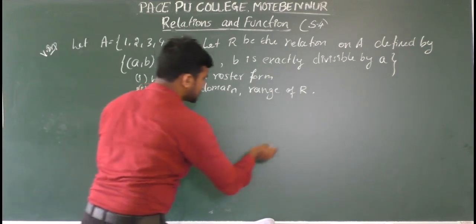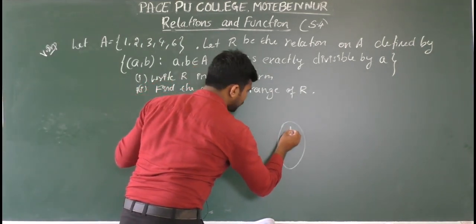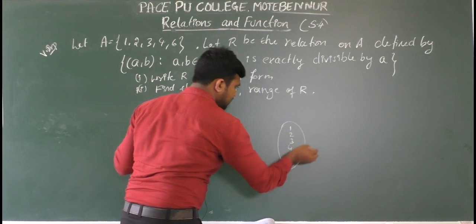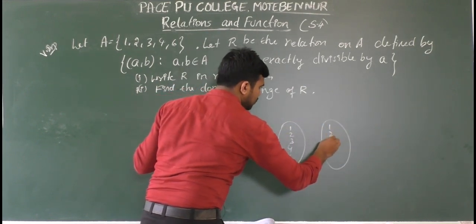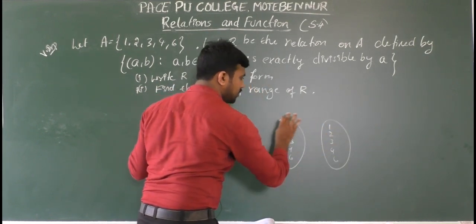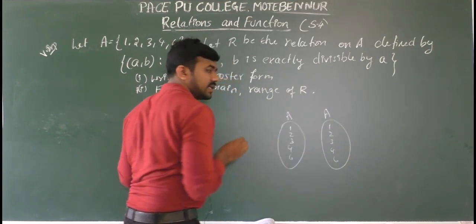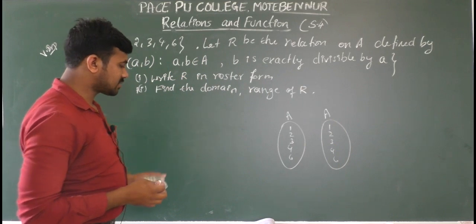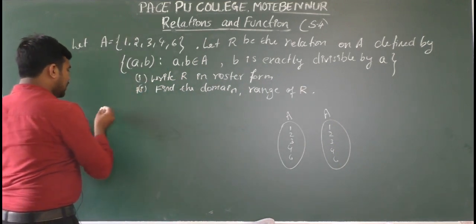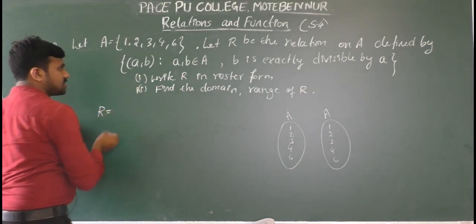We have two sets that are the same, that is 1 2 3 4 6, and this set also 1 2 3 4 6. Okay, I am writing an arrow diagram for your convenience, for better understanding. So R is equal to, how is it defined?